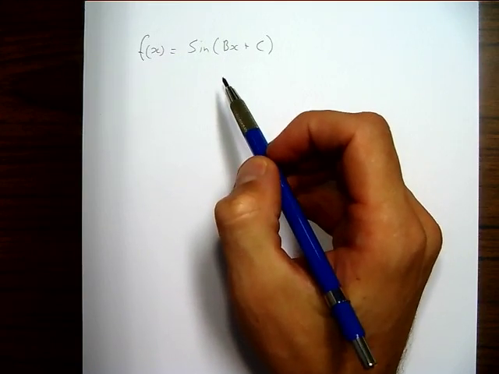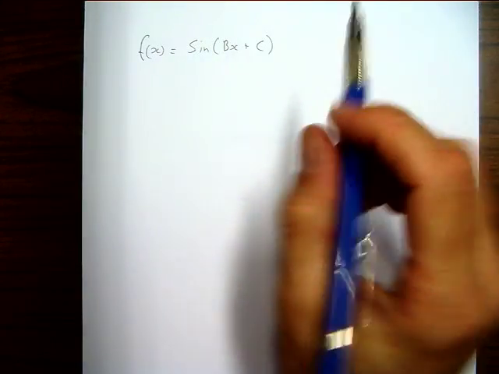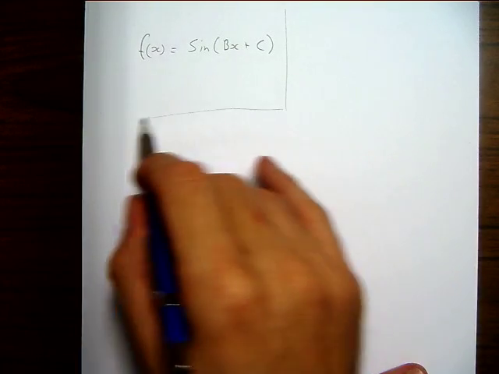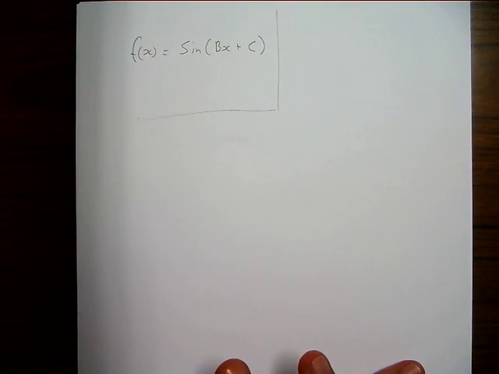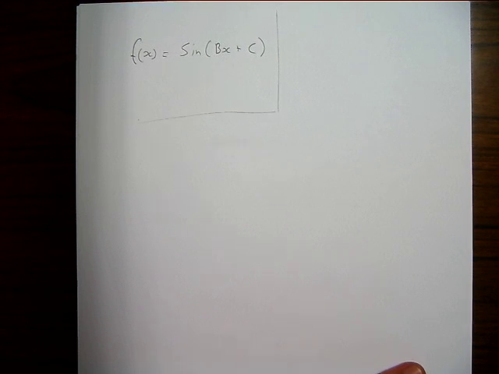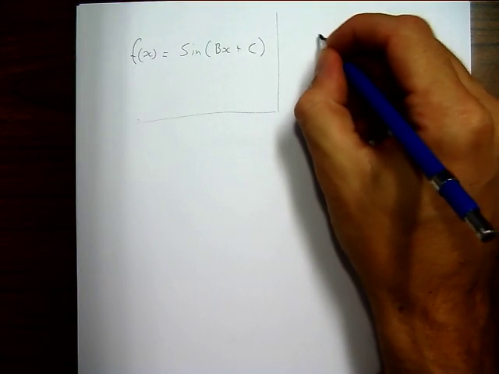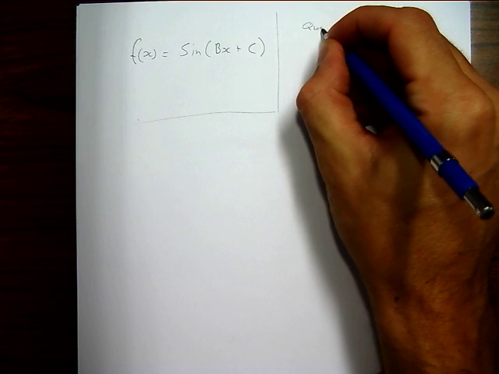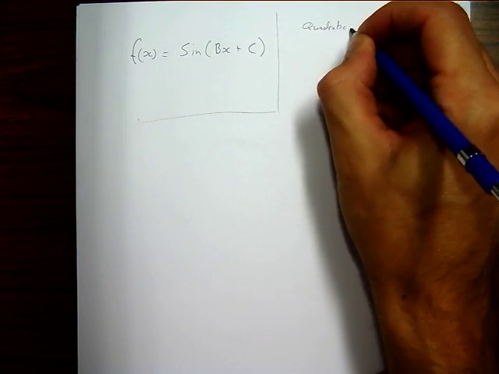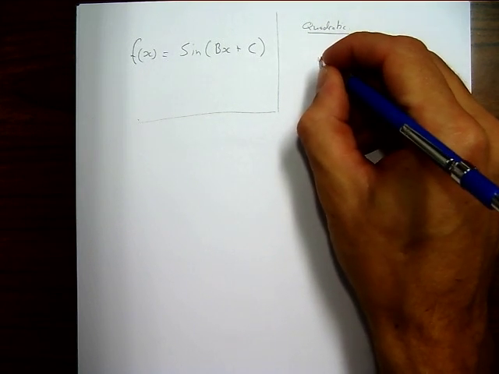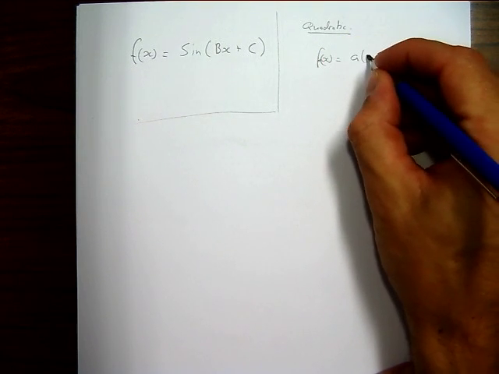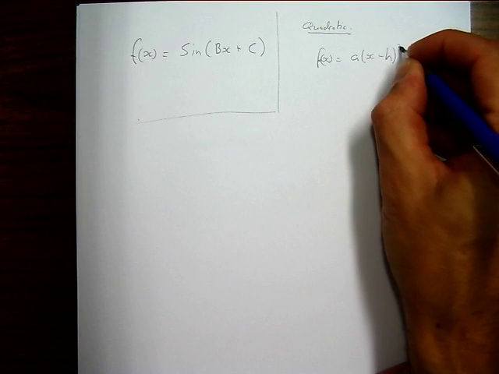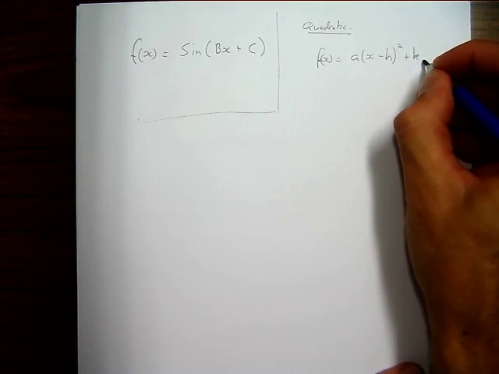Remember when we had some sort of function and we were giving it a horizontal shift, so let's say a quadratic. Remember when we did quadratics? We had f of x is equal to a(x minus h) squared plus k.